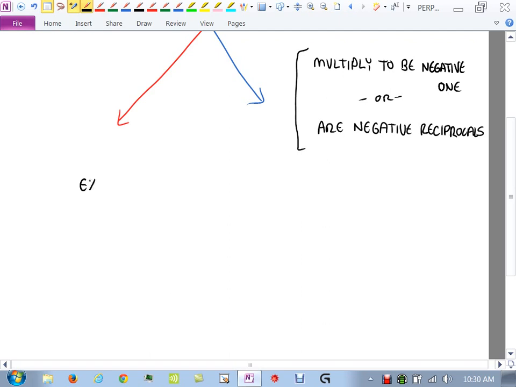Here's an example. What if M1 was equal to 3 and the slope of the other line, M2, was equal to 1/3? Would those be parallel? Are they the same slope? Is 3 equal to 1/3? No. So they're not parallel. Are they perpendicular?